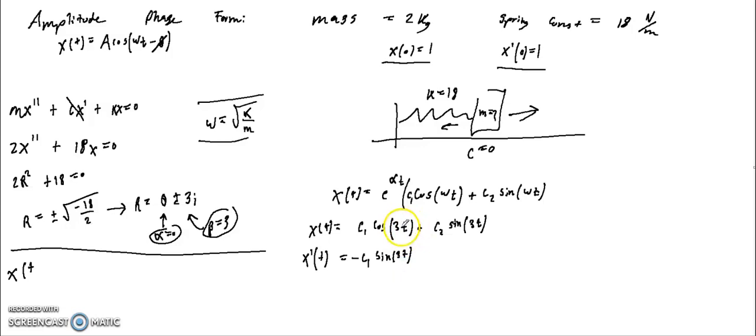Then we have a little bit of chain rule, so the derivative of 3t is just 3, plus derivative of sine is just cosine, so c2 cosine of 3t times 3, just a little bit of chain rule. So that simplifies to negative 3c1 sine of 3t plus 3c2 cosine of 3t.